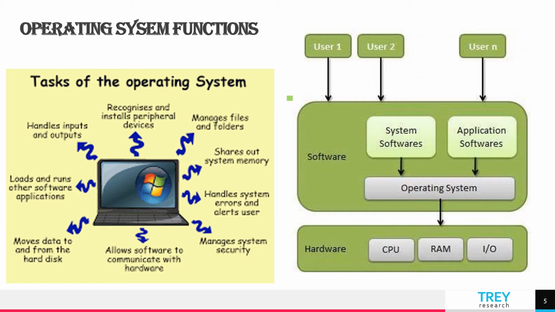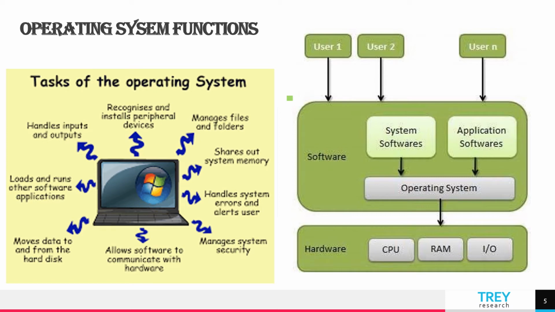Okay, so the first one: it recognizes and installs peripheral devices, and manages files and folders. On what files and folders are, we'll learn how to make one, delete, and also edit a folder and a file. Okay, so it also shares out system memory, handles system errors, and alerts the user.